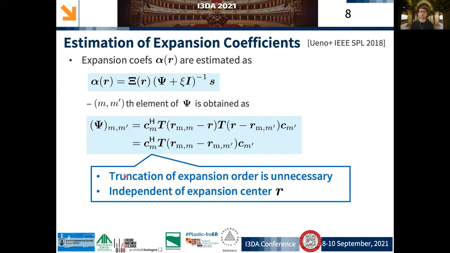One is that the truncation of the expansion order is unnecessary because the matrix psi is obtained by using infinite dimensional expansion. Moreover, this psi is independent of the expansion center R. Please refer to this paper for the details of this estimation method.